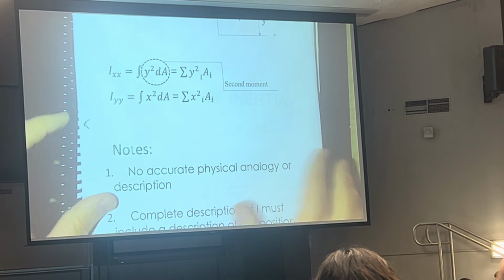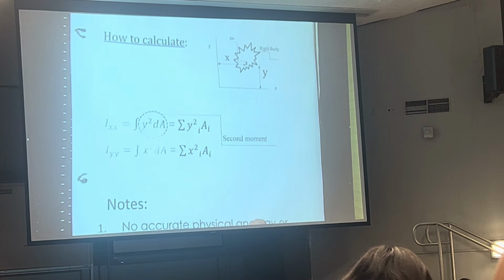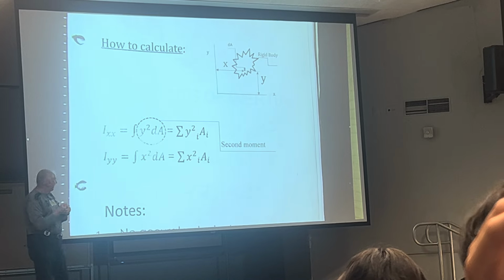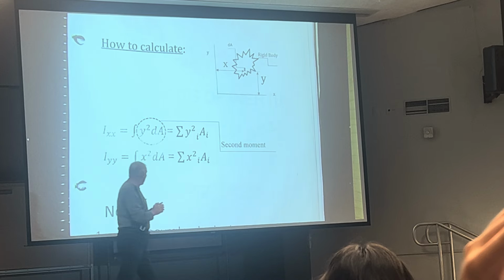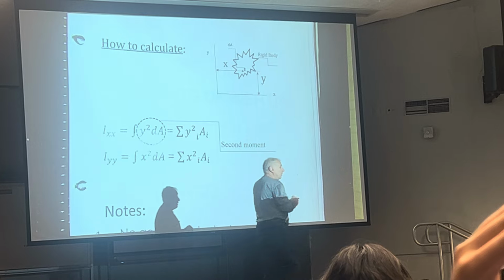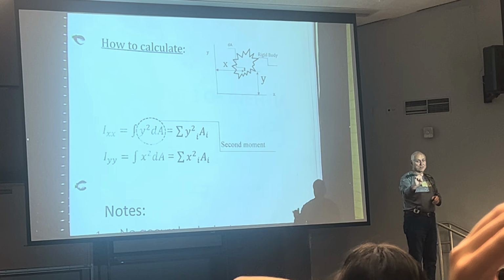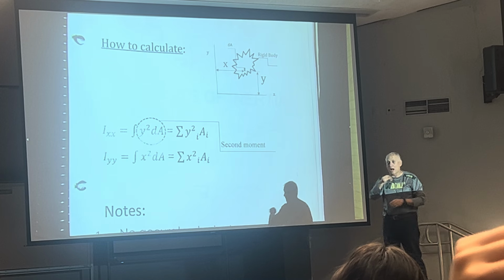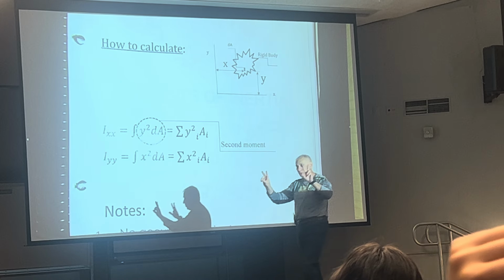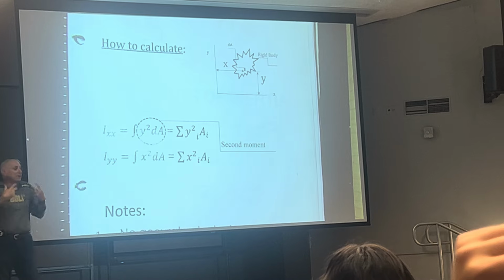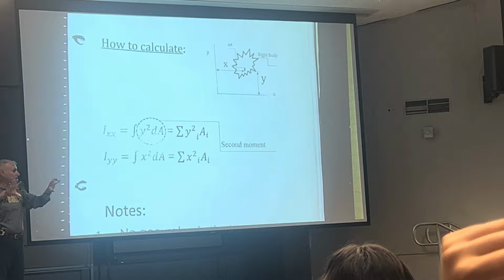Calculation of I is right there. I_xx equals integral y squared dA. I_yy is equal to integral x squared dA. Now, if you're reading the textbook, you'll see Hibbeler write one subscript, Ix or Iy. I use two subscripts. Why? Because down the road, not in this class, you're going to see products of moments of inertia.